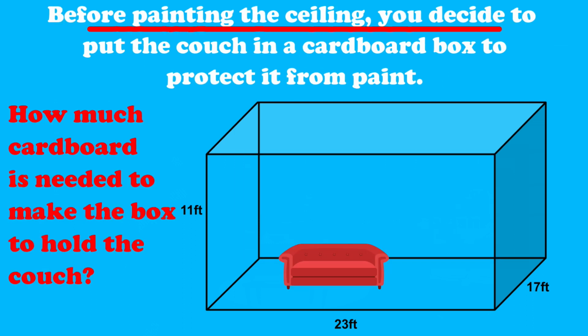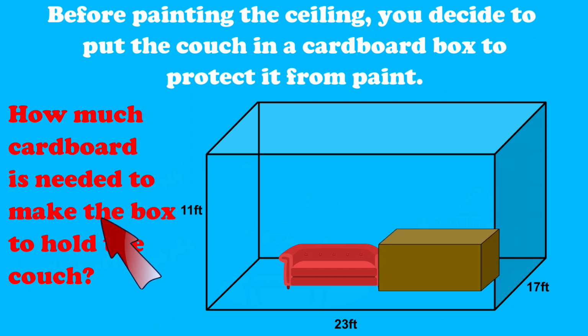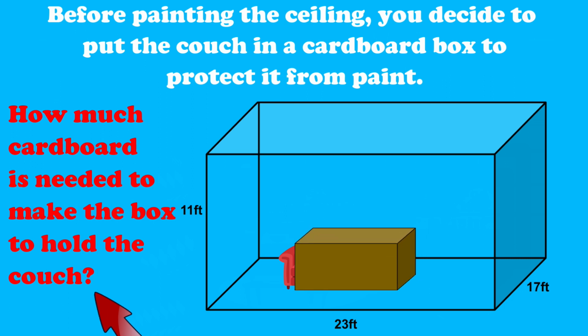We're going to paint the ceiling, but before we decide to paint the ceiling, we want to make sure that we protect our couch. So we're going to create a cardboard box out of pieces of cardboard, and we're going to slide that cardboard box over the top of our couch. We want the couch to be completely inside the cardboard box. That way we won't get any paint from painting the ceiling down onto our couch.